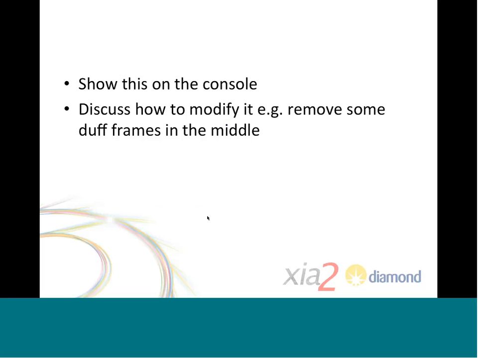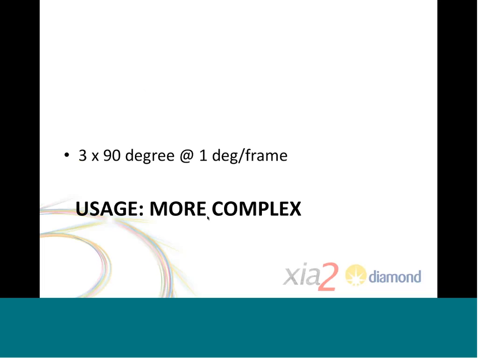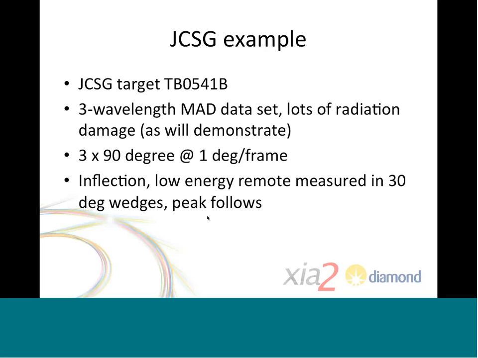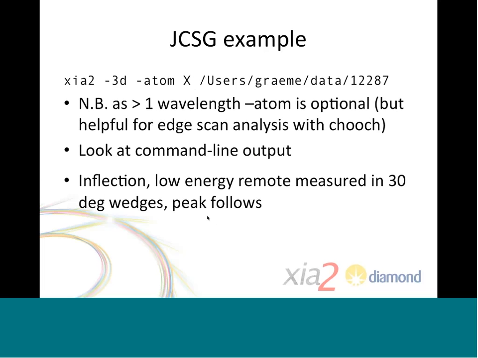Okay. So, a more complex example, I thought I might cover a MAD dataset that's nicely radiation damaged from the JCSG. This was measured a few years ago using a CCD detector, so it's back to the traditional 1 degree per frame, with 3 90-degree wedges, with the inflection and low energy remote measured first with 30-degree wedges, followed by the peak.